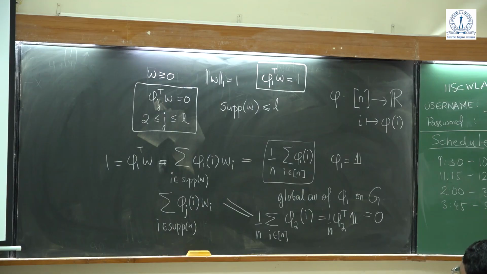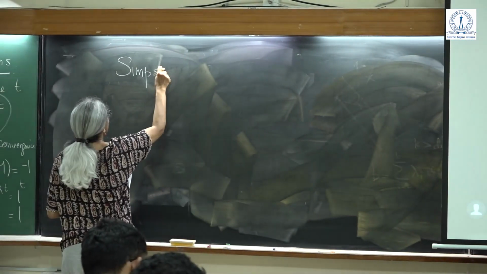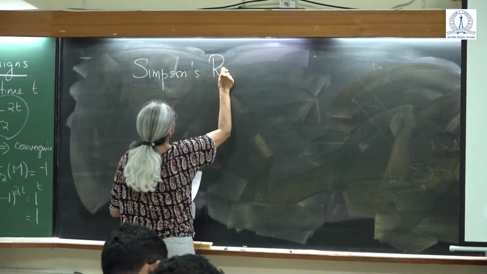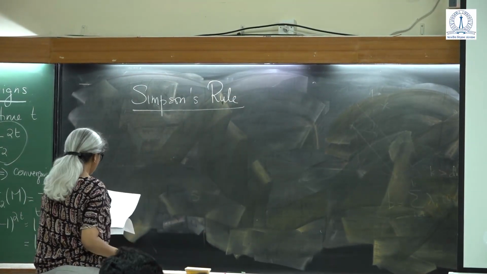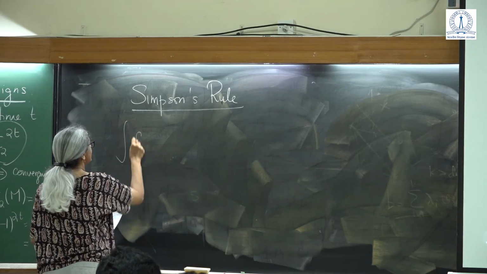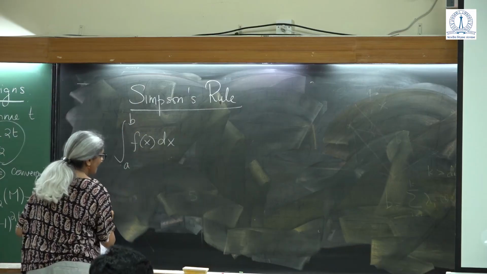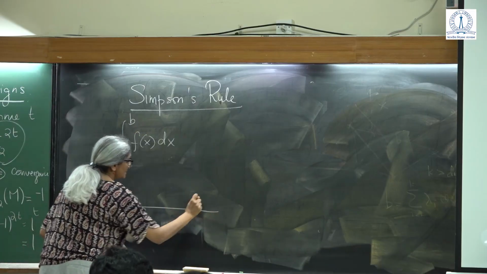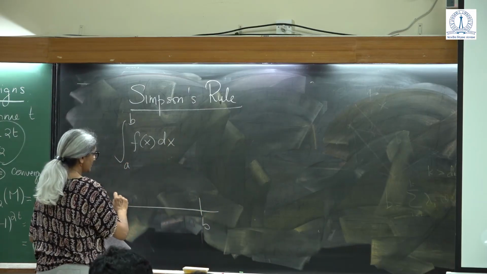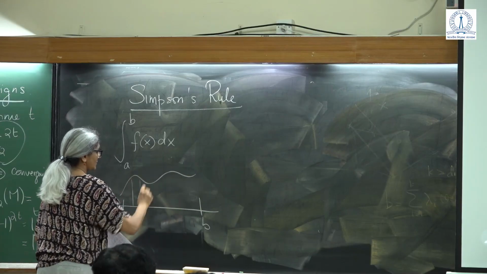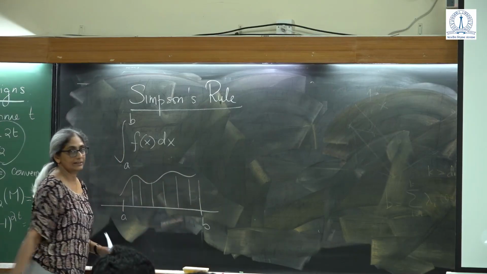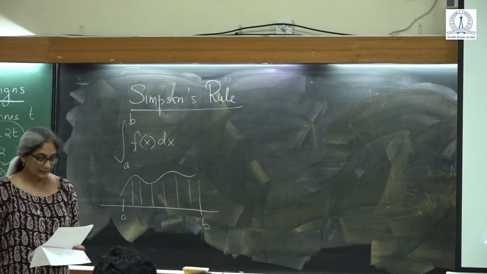This is first year undergrad. If you want to integrate a function over the interval from a to b, I really want to calculate the area under this function, that's the integral.